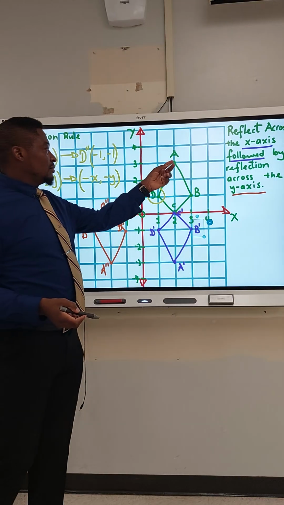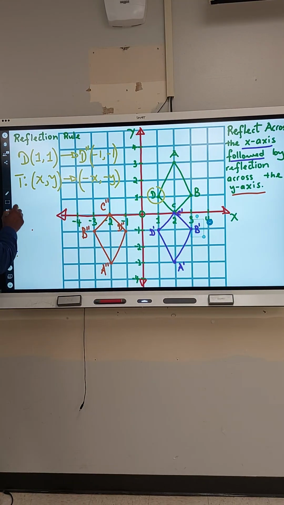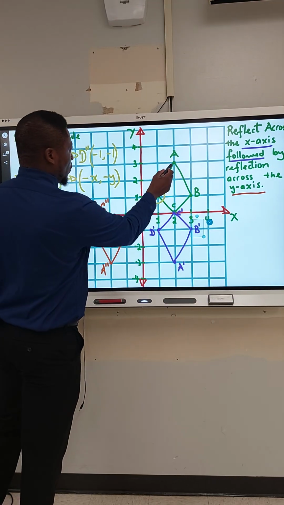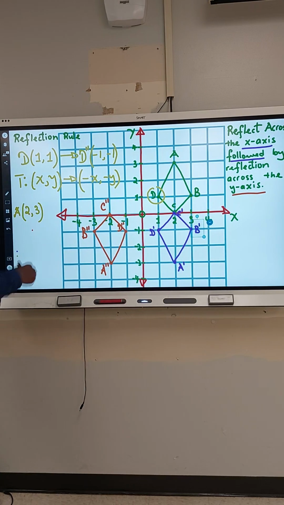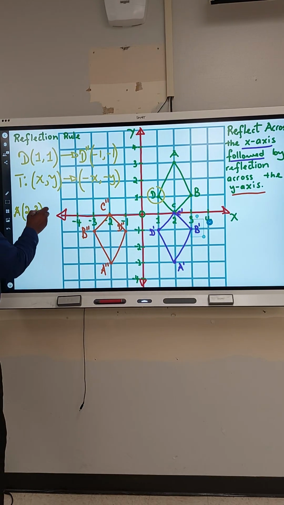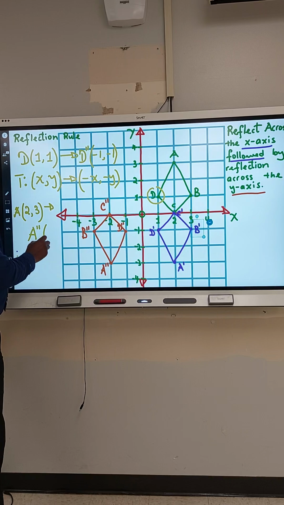Let's take A. The point A initially had coordinates 2, 3. Now, based on this transformation rule, A double prime should have coordinates -2, -3.